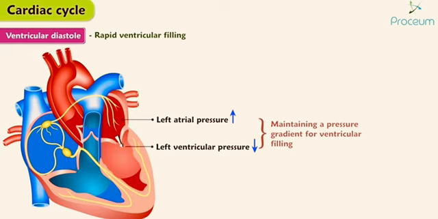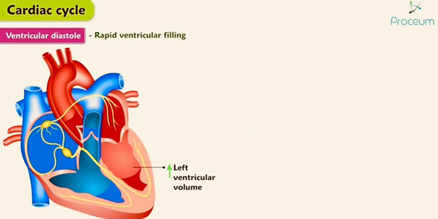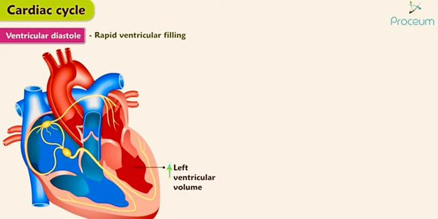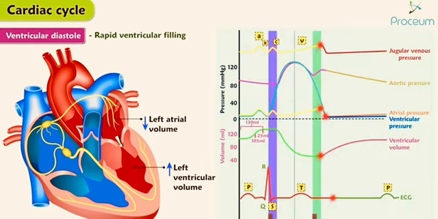That's why left atrial pressure decreases and left ventricle volume increases, while in the left atrium there will be a decrease of volume.